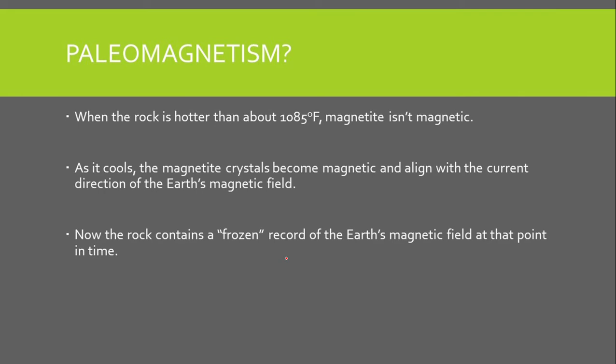Much like a compass needle can turn itself in the liquid inside the compass so that its little magnet is aligned with the Earth's magnetic field, a magnetite crystal can do that too. Now imagine if you took your little pocket compass and you froze it. Now the needle is stuck pointing in a particular direction, and if you move your compass in different directions, it can't turn anymore.